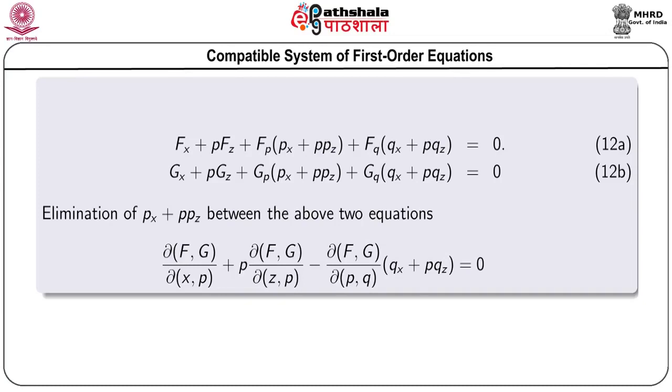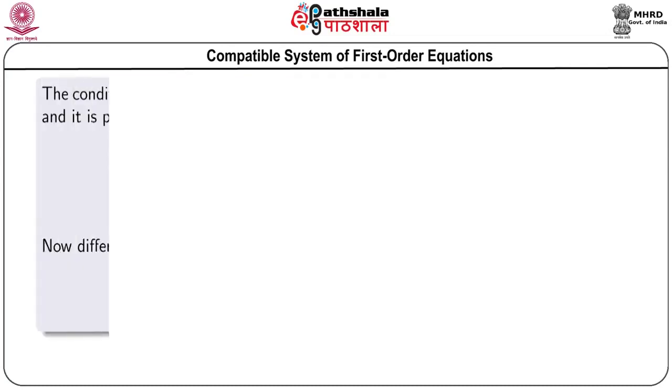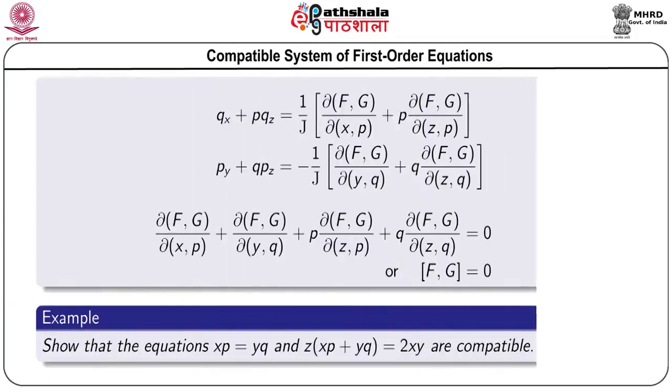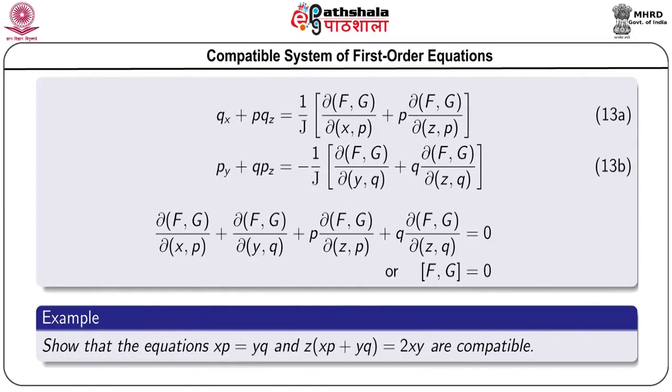And using these expressions, if we substitute those in equation number 13, that means if we put the values of Qx plus P Qz and Py plus Q Pz, we will obtain a functional relation between the functions F and G, which is written here.